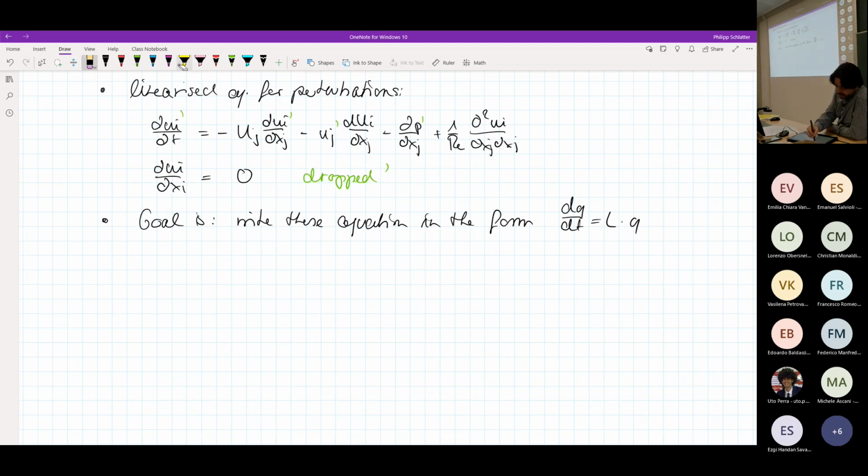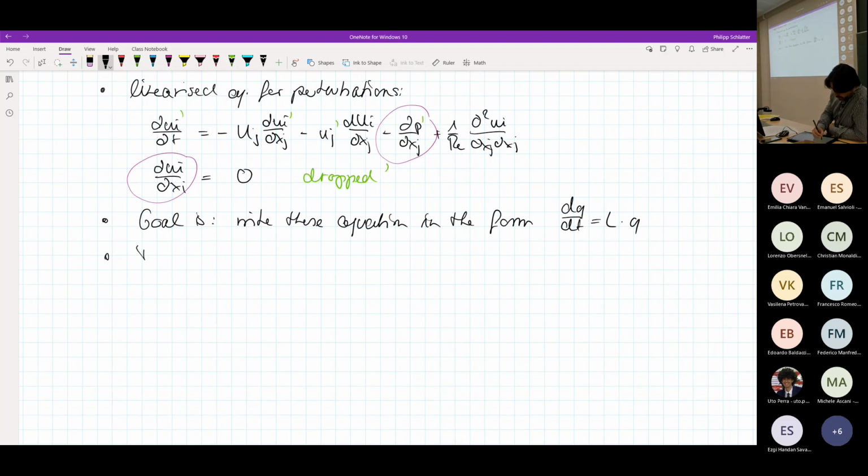The problem, I guess, as you can directly see, is this term here, the pressure term, which together with the continuity equation somehow forms this constraint that the velocity needs to evolve on a divergence-free subspace. So we somehow need to deal with that.